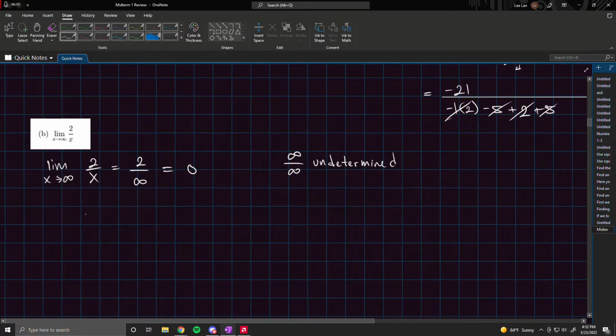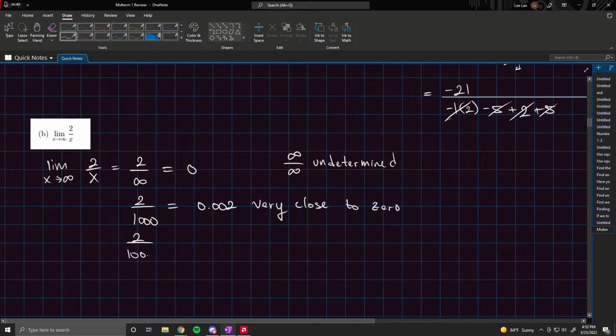And so why is that? Well, if you think about it, every time you see infinity, you can just plug in a large number. So let's see what happens when I plug in 1,000. So that's going to be 0.02, right? Which is very close to 0. Like 1,000 isn't even that large if you think about it.